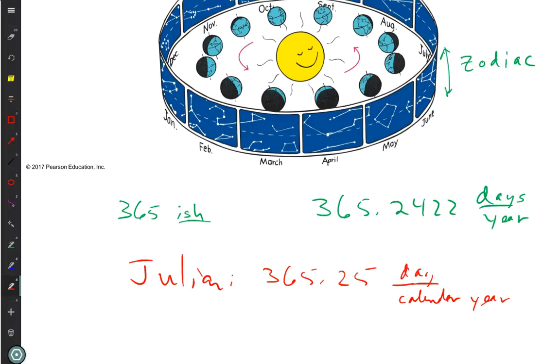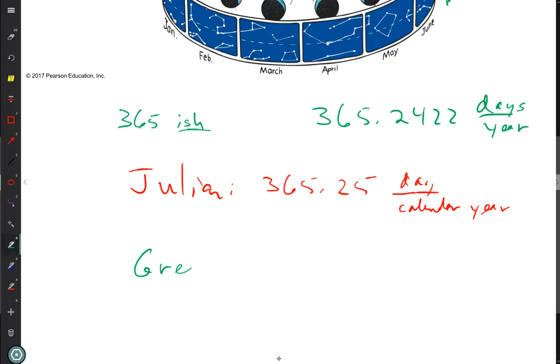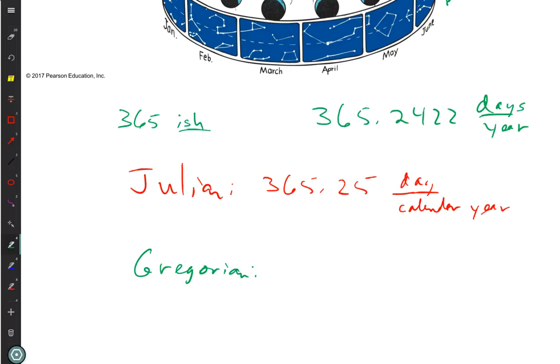And probably all of you except for Brittany are like, I thought we had a leap year every 4 years. But that's not what the Gregorian calendar does. The Gregorian has a leap year every 4 years, add a leap day every 4 years, except if the year is divisible by 100. If it's divisible by 100, you don't have a leap year.